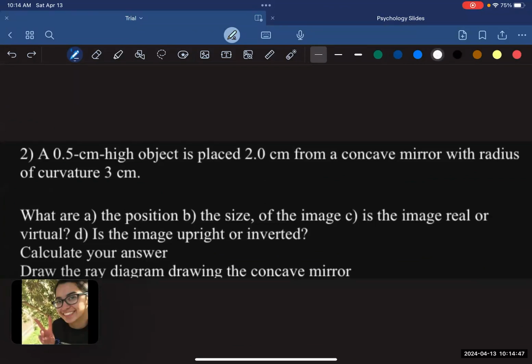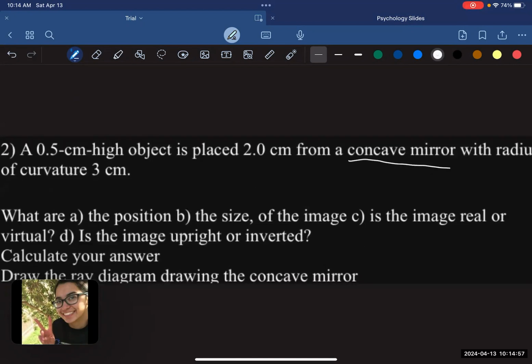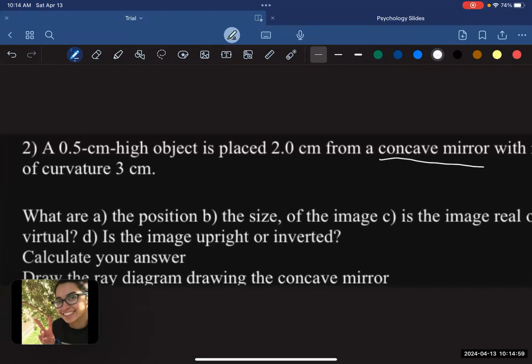So when you're thinking of mirrors, you can have concave, which is like this, and you're gonna have a positive focal point.